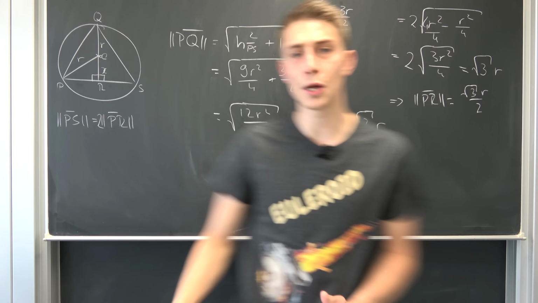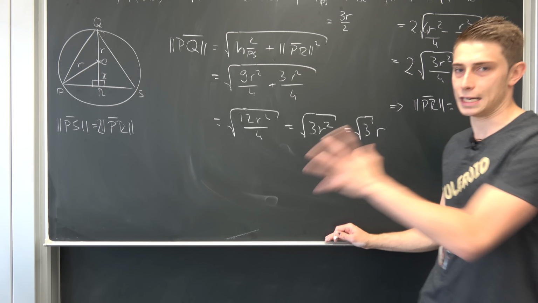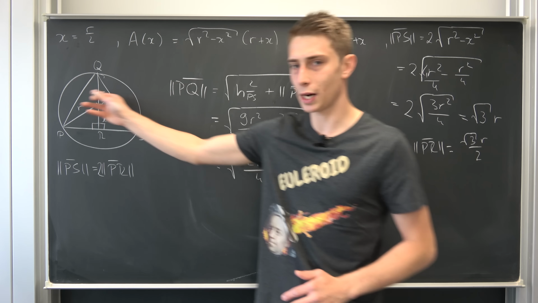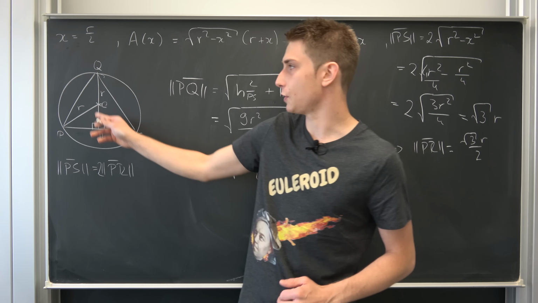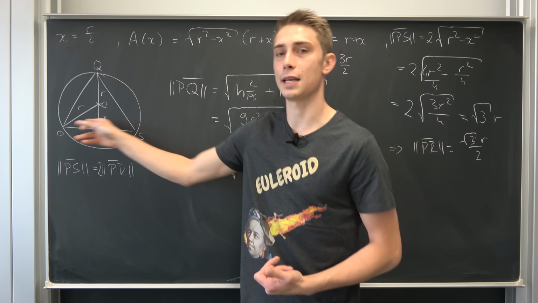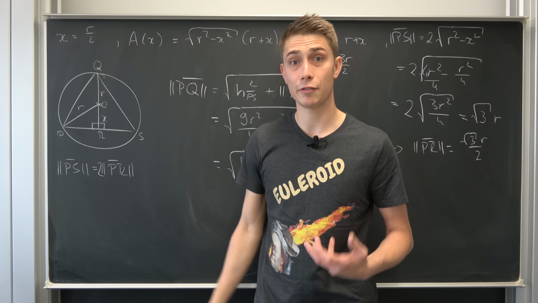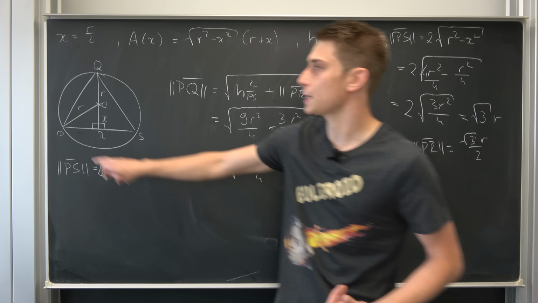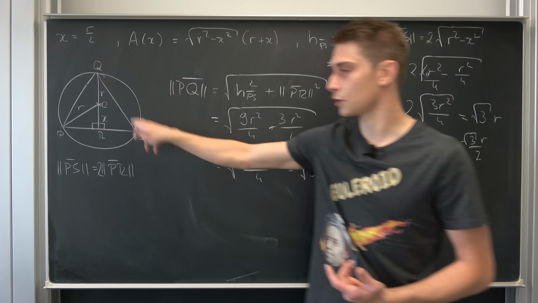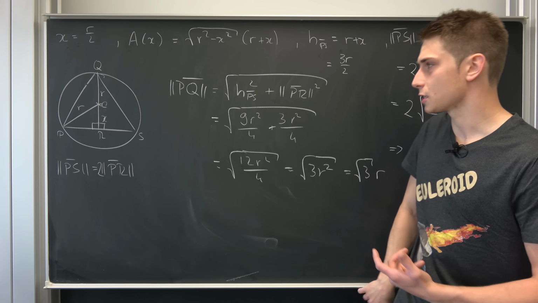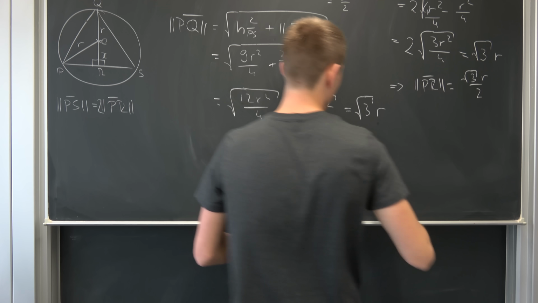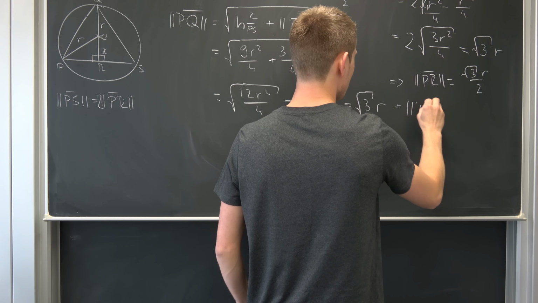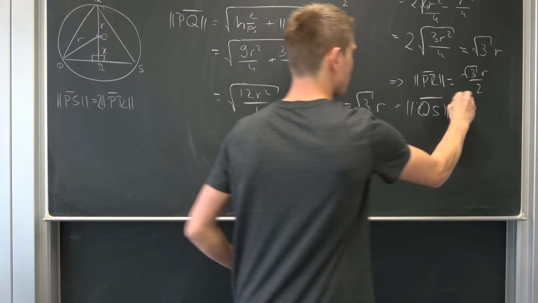And I tell you what, we are already done, because at the beginning we have found out that this triangle we had here, after fixing our height, you can say, in place, and our PS, this triangle was nothing but an isosceles triangle, making PQ and QS equal. So we also know that square root of 3 times r is nothing but the length of QS.